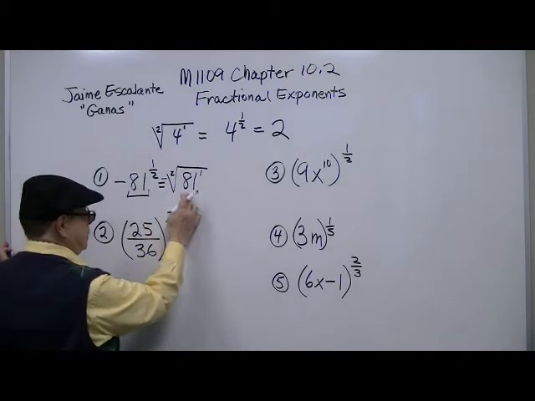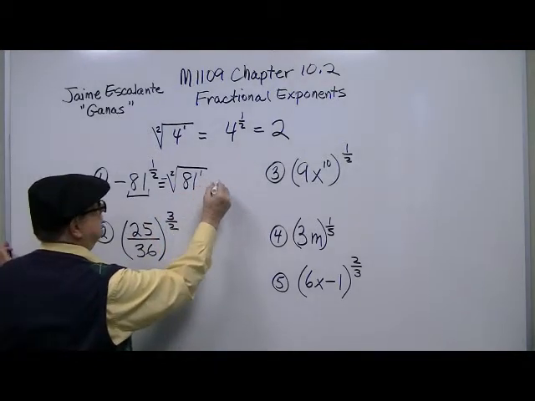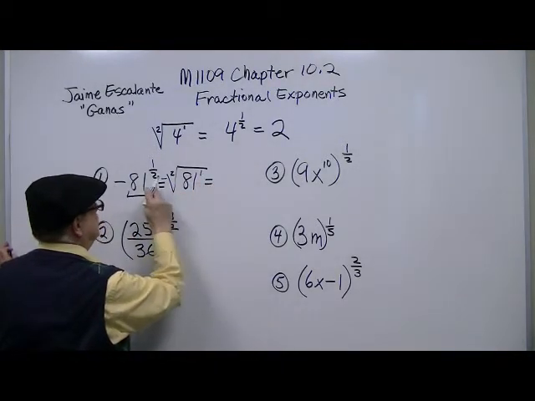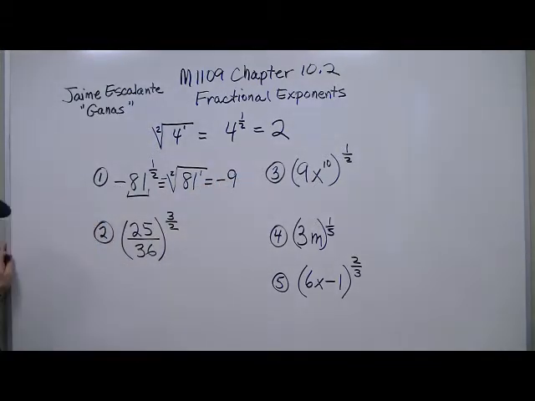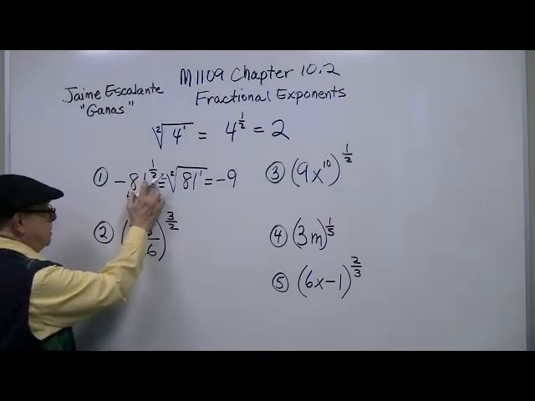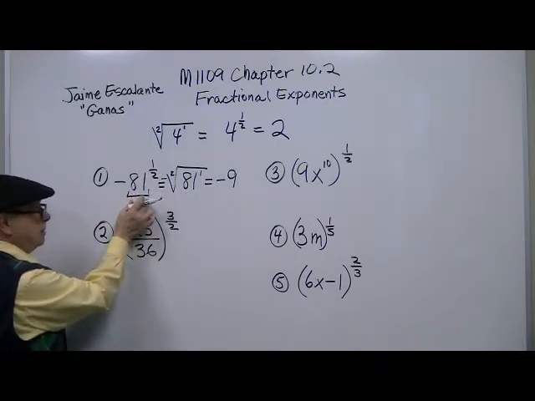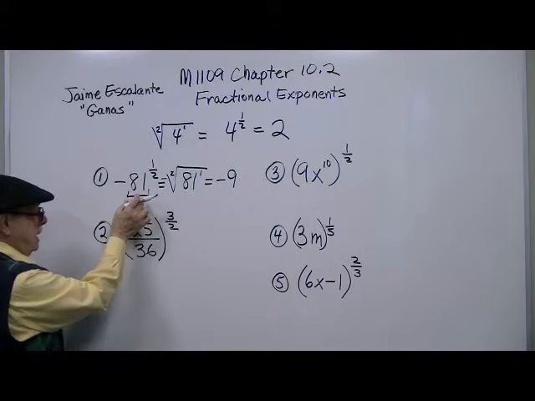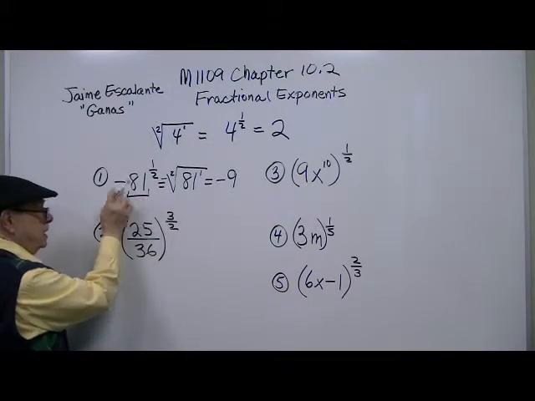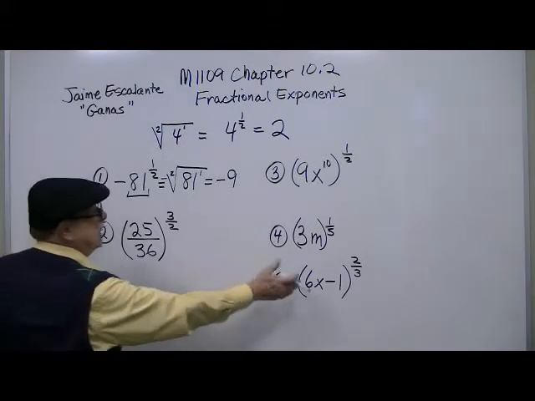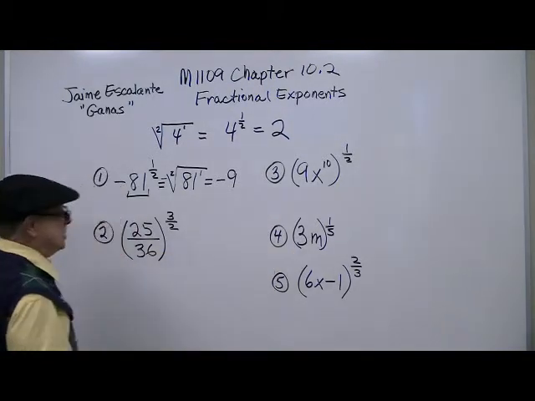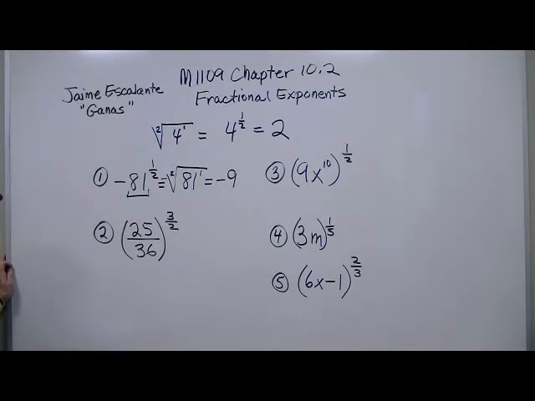So the square root of 81 is 9, and you apply the negative sign, negative 9. Again, the key is when you have an exponent, it applies to the base. And the base is 81, not the negative. Now, if you have something in parentheses, then that's a different story.